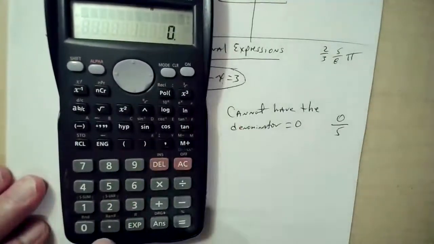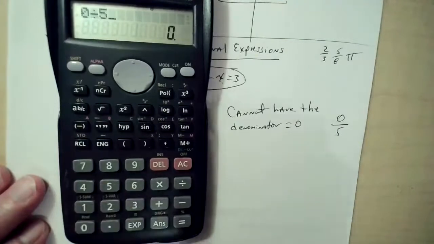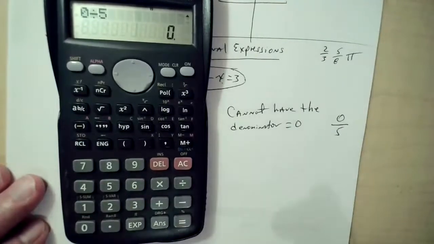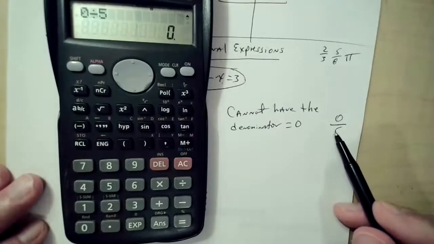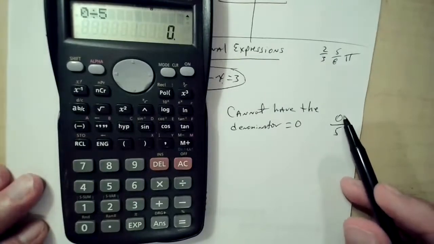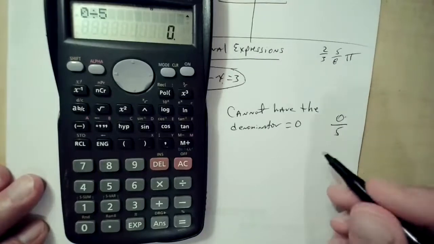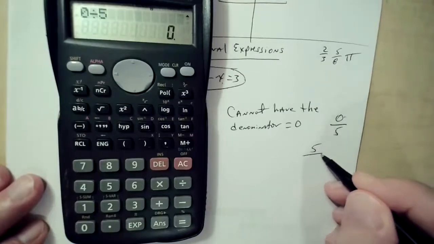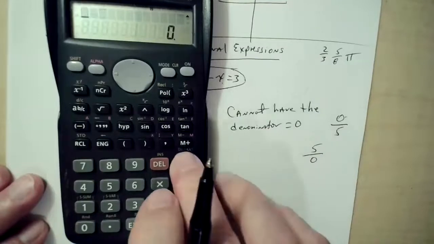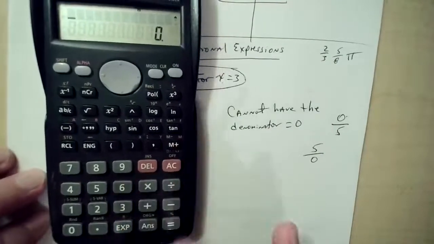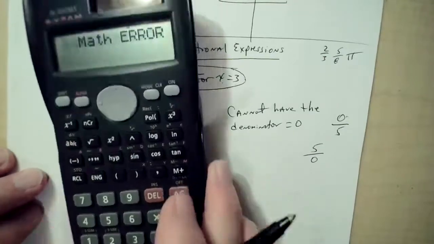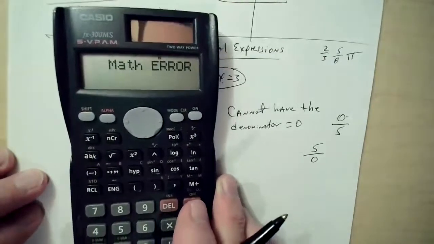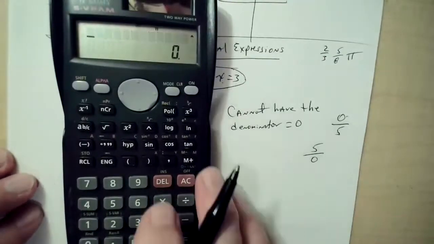First you turn it on. And you push 0 divided by 5. What is it? 0. What does this mean? It means how many 5s are there in 0? Well, there are none. However, if it's backwards, if you have 5 divided by 0, you're going to get an error message. 5 divided by 0, what does it say?